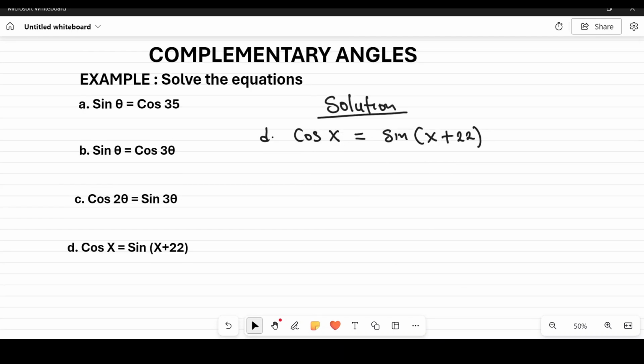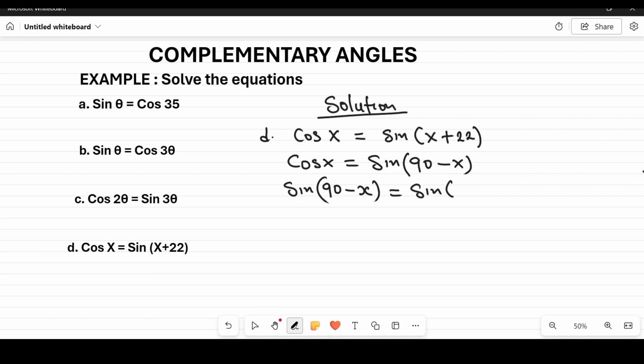So this says that cos s is equal to sin of x plus 22. Also, we know that we can substitute cos s to be equal to sin of 90 minus x. So therefore, this can be written as sin of 90 minus x will be equal to sin of x plus 22.